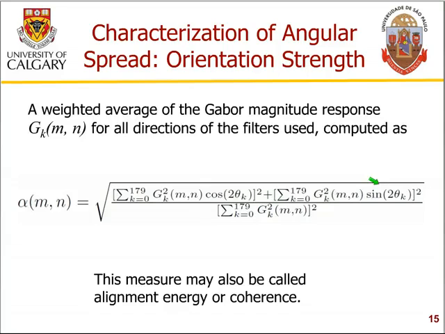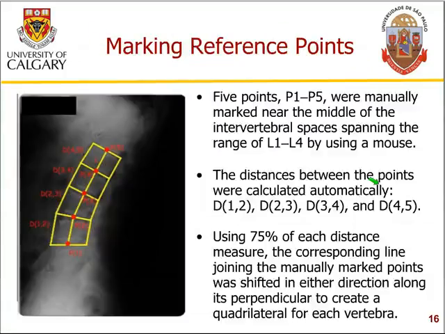The idea here is that if at a location there is only one dominant oriented structure, then there must be a high degree of alignment or orientation. If there are many intersecting structures, then this value will be low.